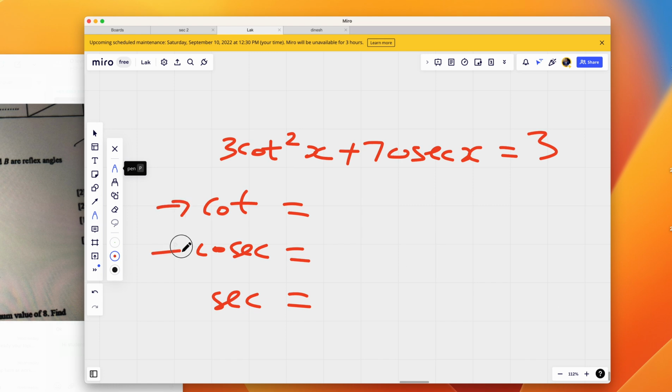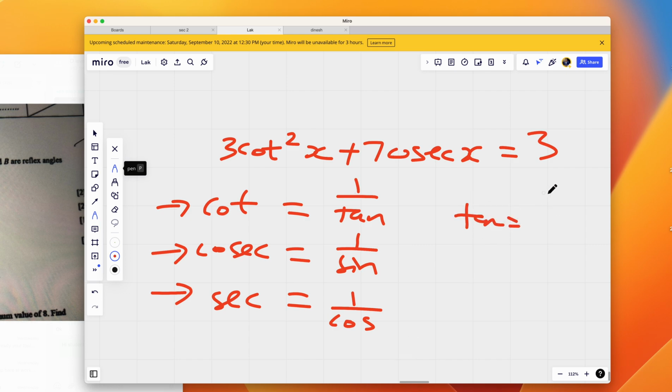These are like the secondary trigonometry terms, and they come from the primary color, so kind of like primary trigonometry terms. Actually, tangent is also a secondary trigonometry term. It derives from sine over cosine. Just for your understanding.